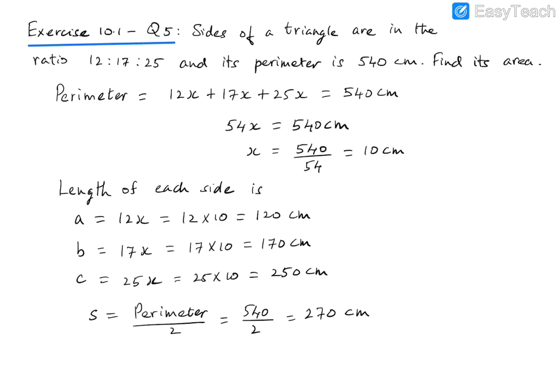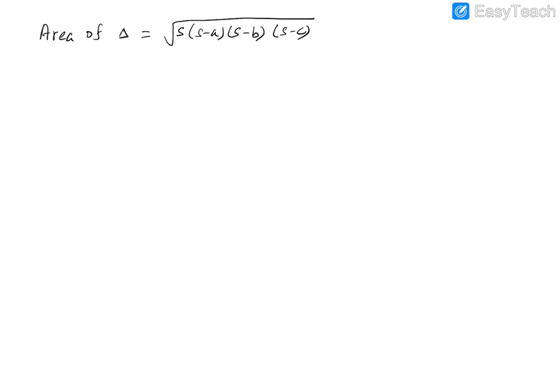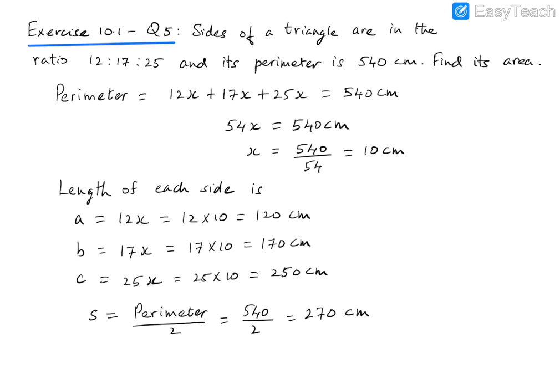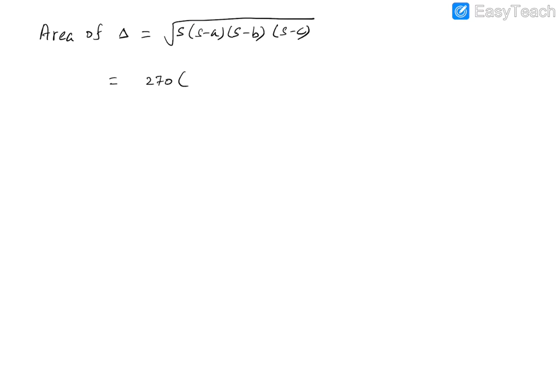So let us first write down Heron's formula. So area of triangle is square root of S into S minus A into S minus B into S minus C, and we have the value of S as 270 centimeters, so that will be 270 into S minus A, which will be 270 minus 120, so let's substitute that.